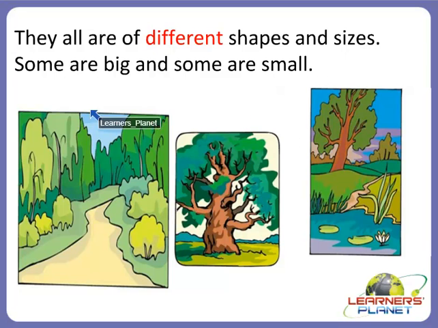Like some plants are big and some plants are small in size. So children, at many places you can see that there are some big plants and at some places there are some small plants. So there are different shapes and sizes of plants.